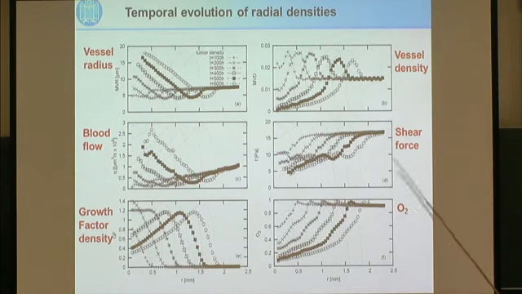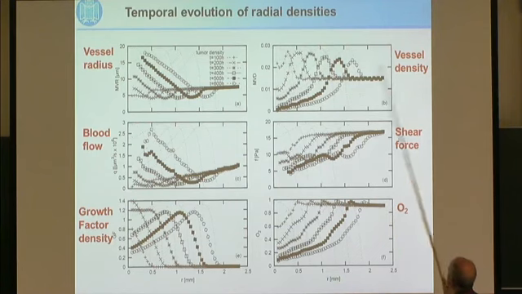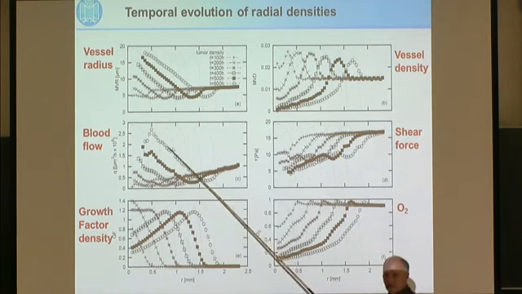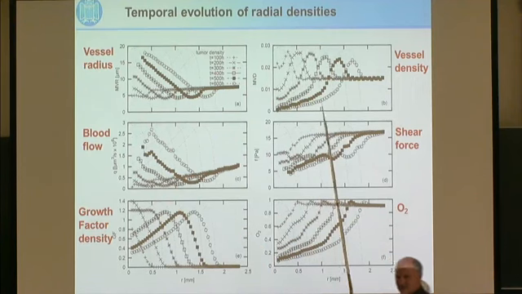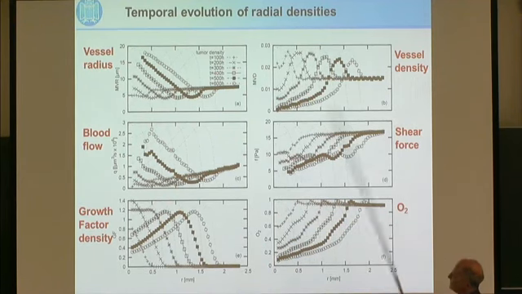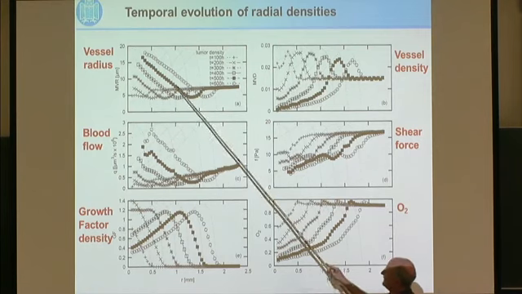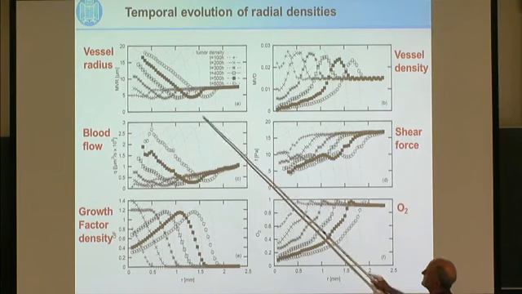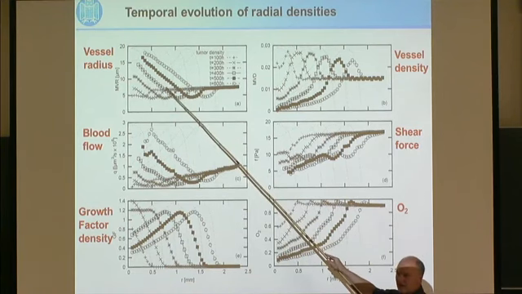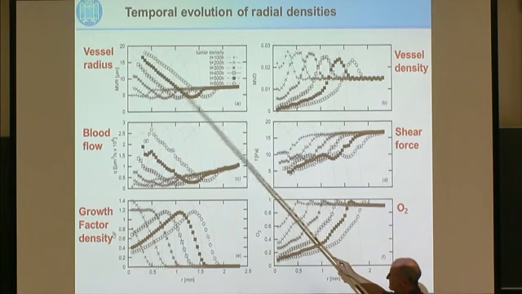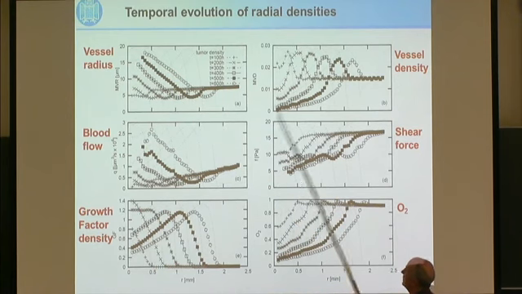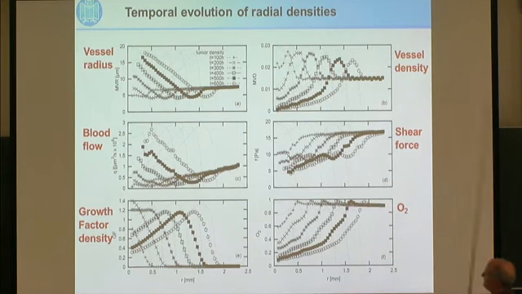So, in spite of the fact that the vessel density drops significantly in the tumor center, the blood flow goes up like hell in the tumor center. How come? Simply because blood flow goes with the fourth power of the radius, and that makes this incredibly high average vessel radius in the tumor make up for the loss in density.